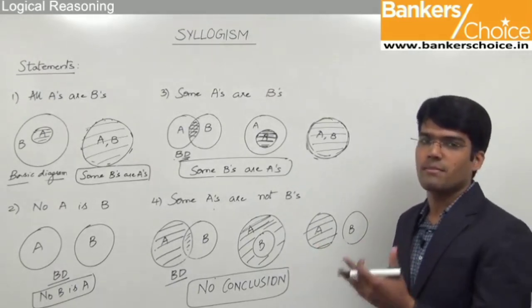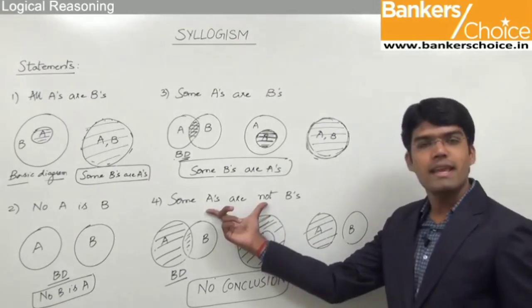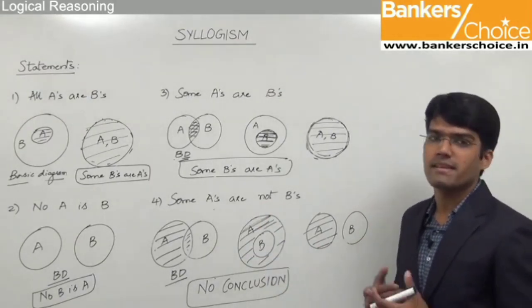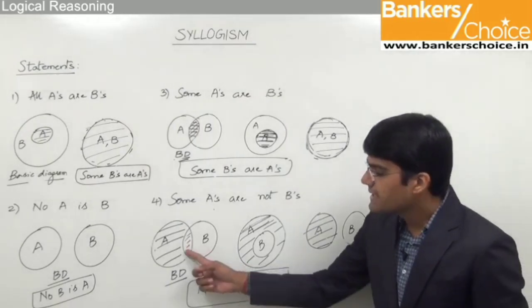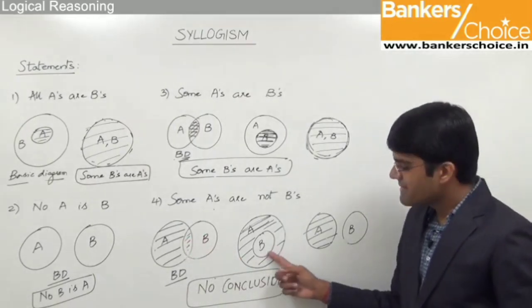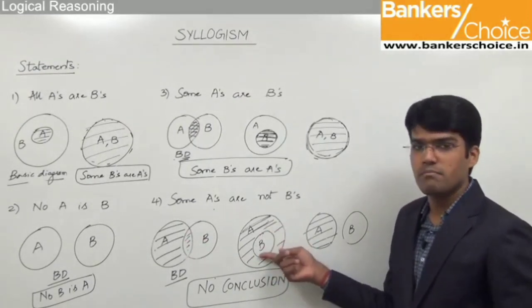Let us now try with some other conclusion. Let us assume the conclusion for statement some A's are not B's is some B's are A's. Now when we take some B's are A's, it satisfies the first diagram, as some of the B's are A's. It satisfies the second diagram as well, because here all the B's are A's. So we can say some B's are A's.